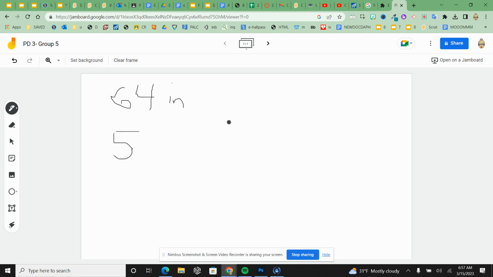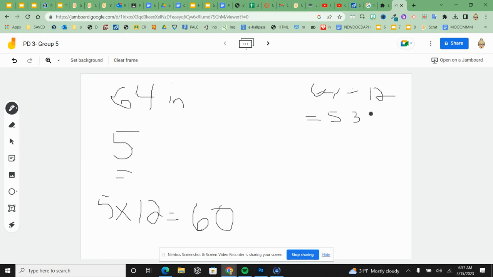So 5 feet is the whole number. And now I have to see what 5 times 12 is, because there's 12 inches in a foot. So 12 times 5 gives me 60. Okay, so 5 feet times 12 inches per foot gives me a total of 60 inches. So my 5 feet that I got, that whole number, when I did 64 divided by 12, that was my first step, to see how many feet I am, that equaled 5.333333.